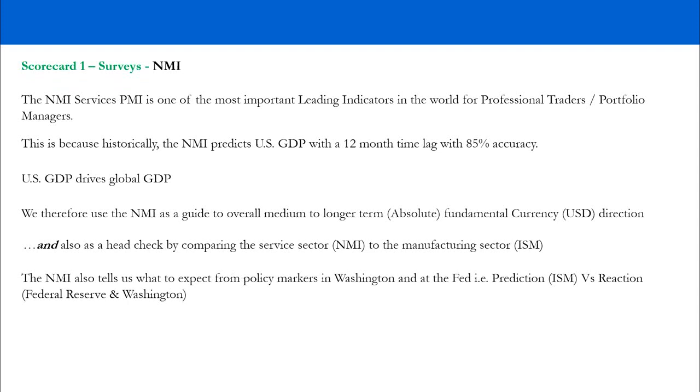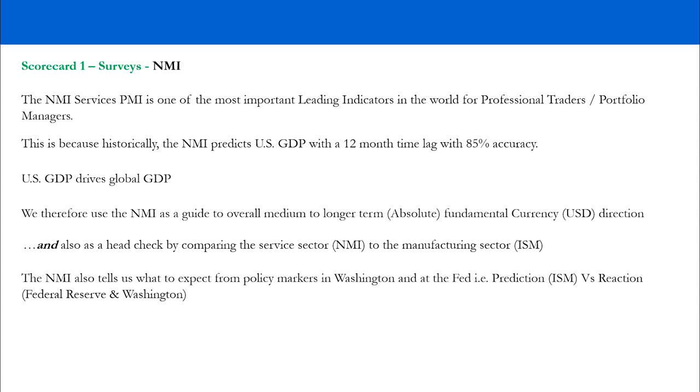Why is it important? Well, it's very leading in terms of the economy. Although the data only goes back to 2008, it's a very leading indicator, and it gives an 85% accuracy in terms of a 12-month time lag in leading the economy.